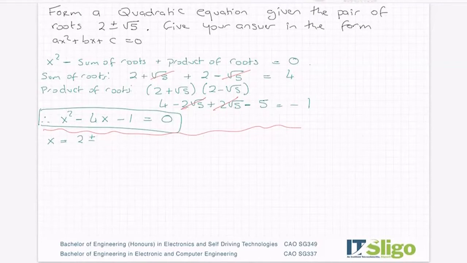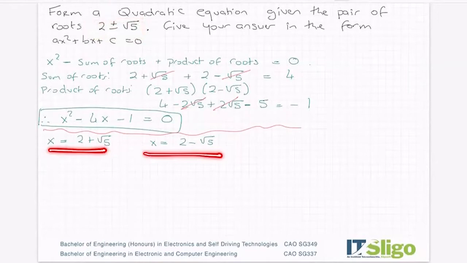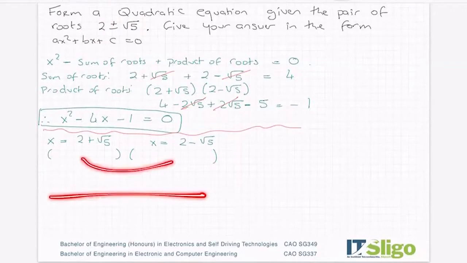So I'm going to split this up into its two roots, x is equal to 2 plus root 5 and the other one is x is equal to 2 minus root 5. So I've just split it up into its two roots. This is a shorthand way of writing it. This is the longer way with the two roots. And the reason I did that was from there, I would like to form the factors. And from the factors, I'm going to multiply them out. And I'm going to get my quadratic.